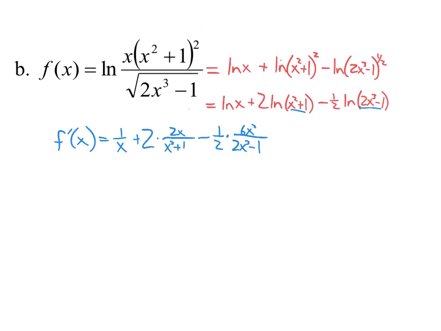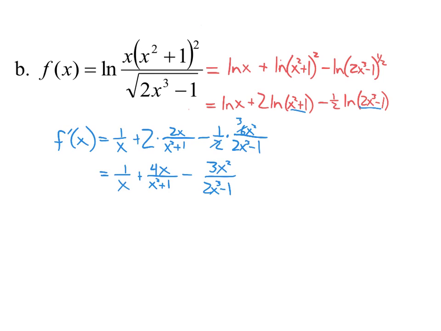Simplifying a little bit here, I have 1 over x plus 4x over x squared plus 1 minus the 2 and the 6 cancel, 3x squared over 2x cubed minus 1.